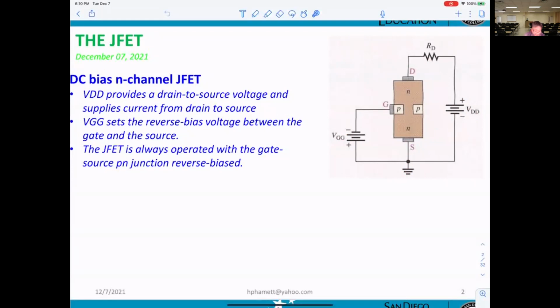VGG sets the reverse bias voltage between the gate and the source. Basically, VGG negative connects to the gate, and positive connects to the source and ground. The JFET always operates with the gate-source PN junction reverse biased. They're not working like bipolar, forward biased. They will be reverse biased.